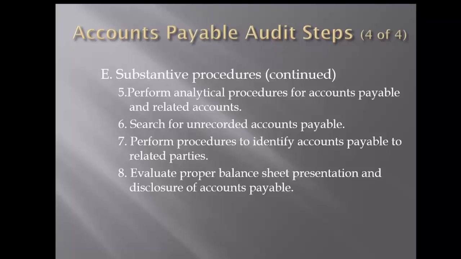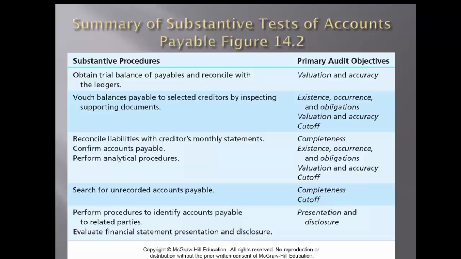So we want to make sure that we're actually understanding the to and from these organizations. And then evaluate proper balance sheet presentation and disclosure. When we're looking at substantive procedures, we are measuring monetary misstatement. So we've basically talked about this, but this has the objectives related to the audit that we're focusing on.